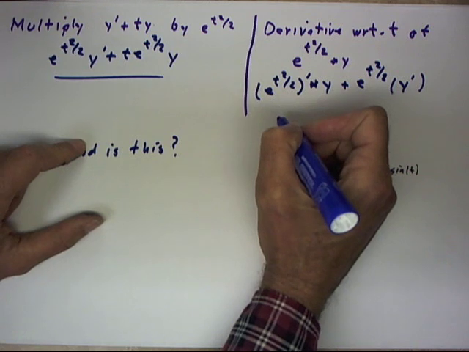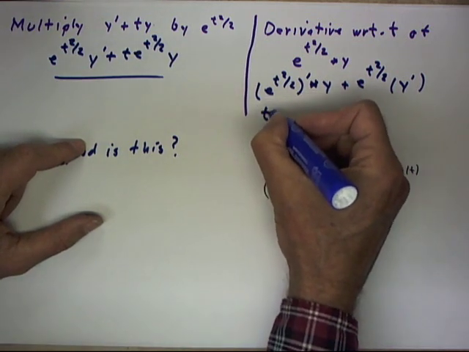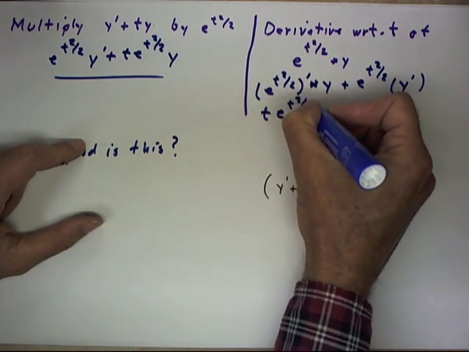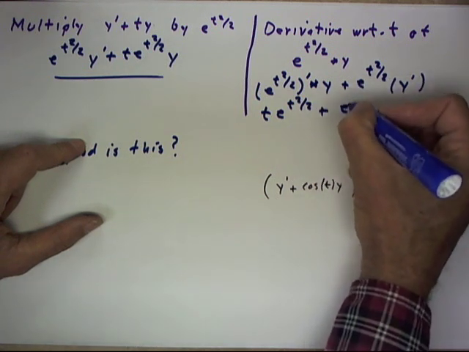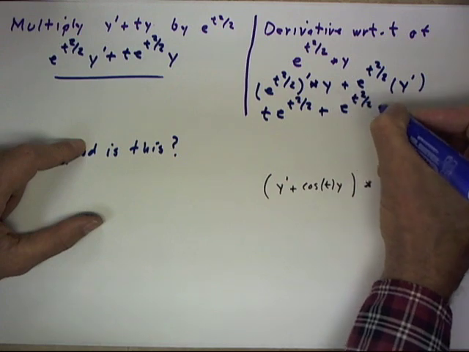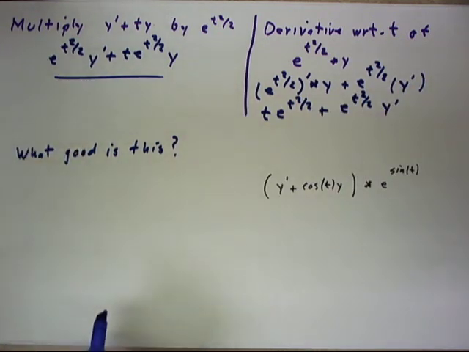Now what's the derivative of e to the t squared over 2? Well, that's t e to the t squared over 2. And this term is just, as it reads, e to the t squared over 2 times y prime.